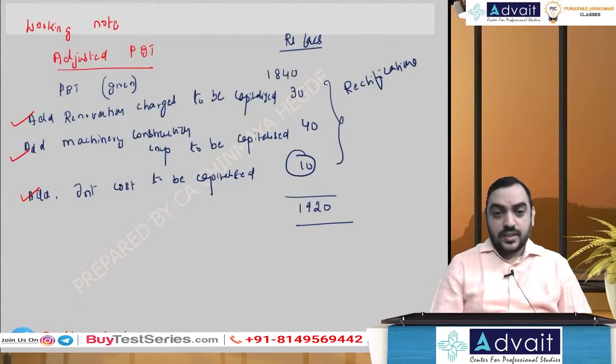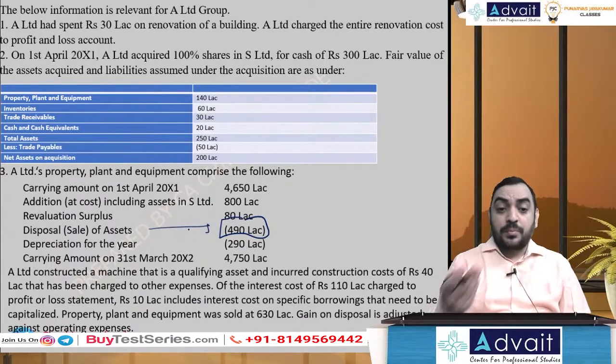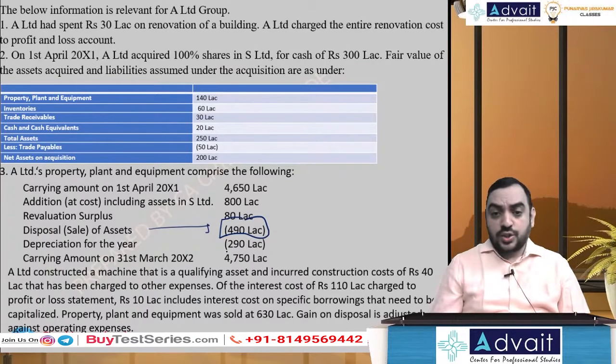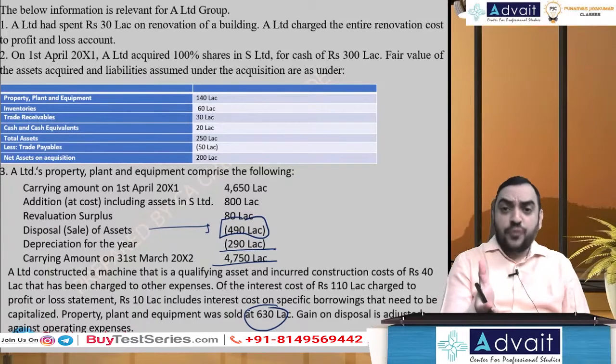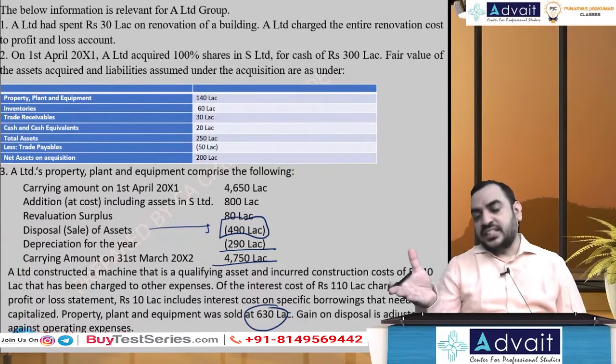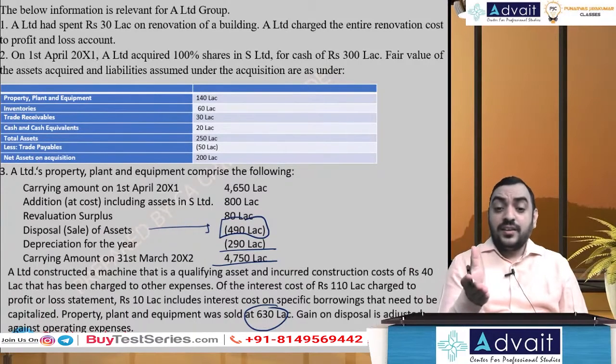Got it? Let's see what happened. Disposal is 490 lakhs. So this will be the cost of sale, because what you're subtracting from the cost is the cost of the sale. And they have sold it for 630 lakhs. So cost is 490 lakhs, sold for 630 lakhs. It is a profit, and profit would have been added.